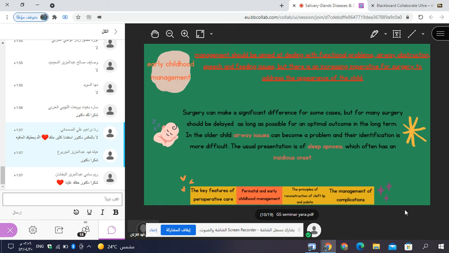Early childhood can sometimes even have airway issues. But airway issues in early childhood are difficult to identify because the parents will think that they are snoring like any baby, when they actually present with sleep apnea, which has an insidious onset.